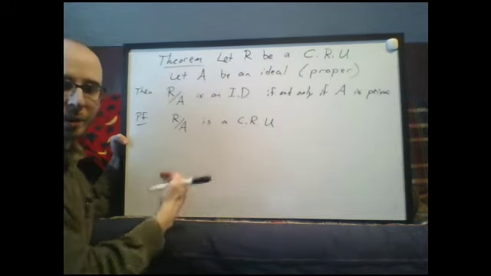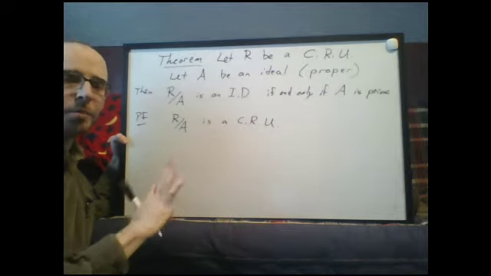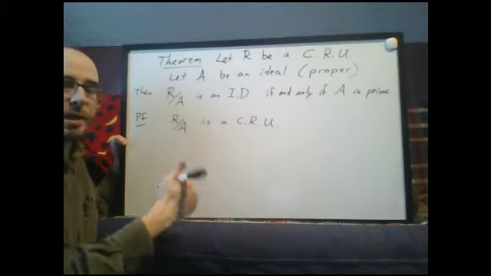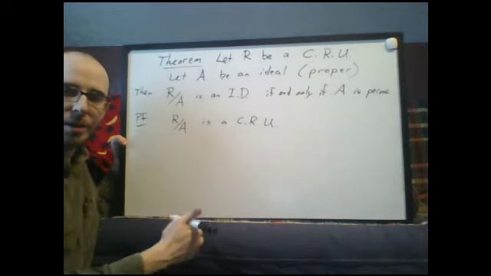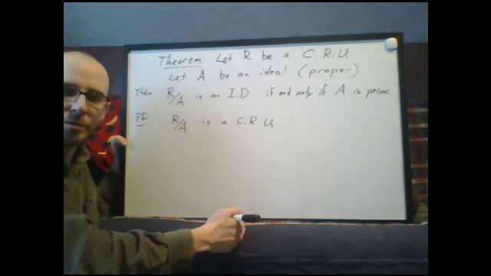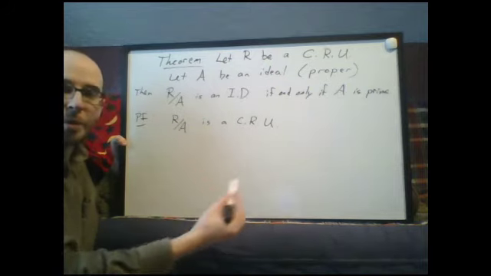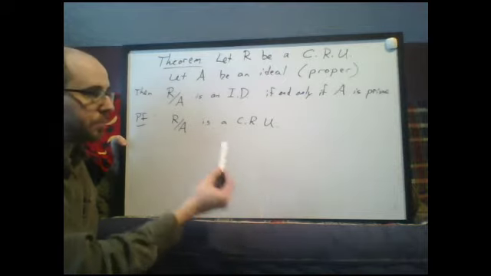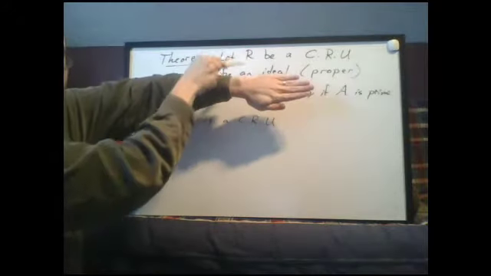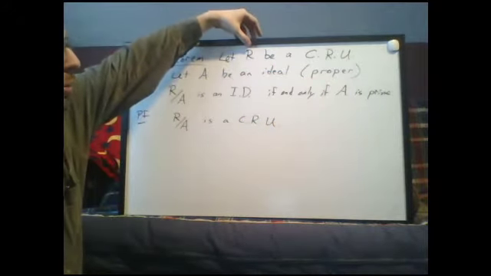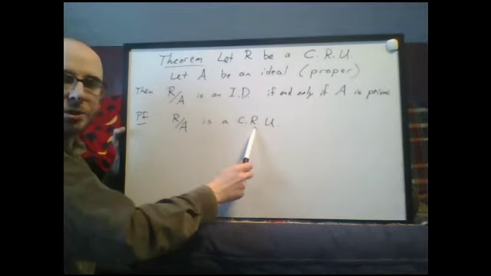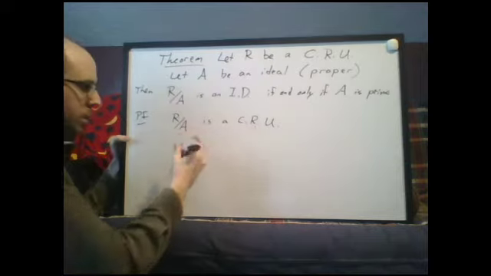Remember the definition of integral domain: it was a ring that was commutative and has a unity element and had this extra condition about no zero divisors. So before we worry about that last condition about zero divisors, let's just observe that without knowing anything else, just from the setup here, if R is a commutative ring with unity and A is a proper ideal, then R mod A is also a commutative ring with unity.